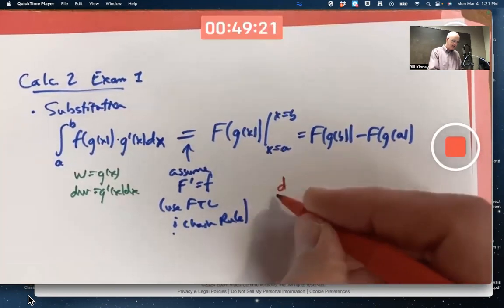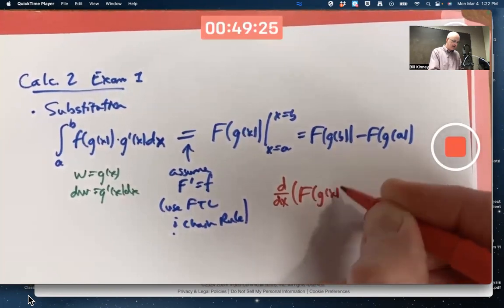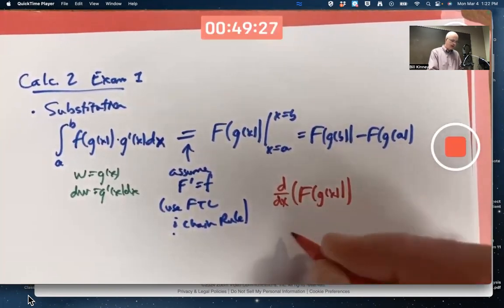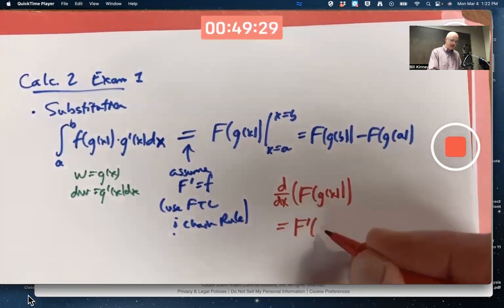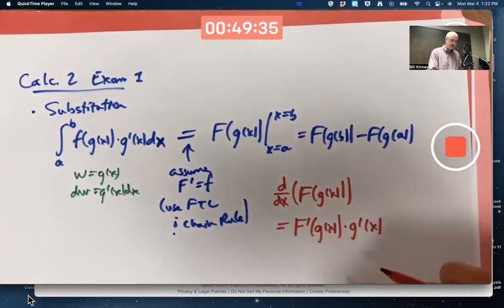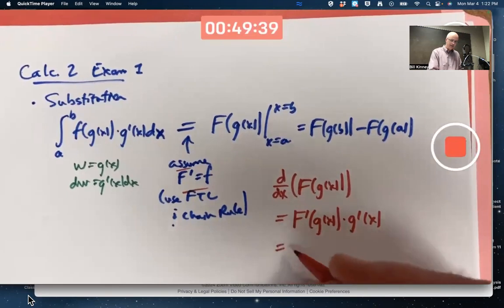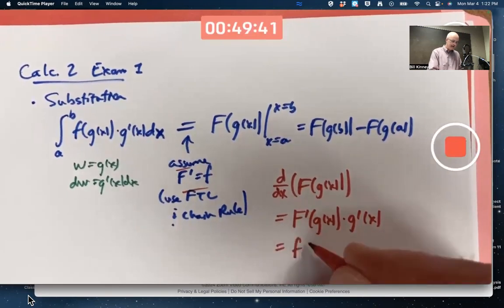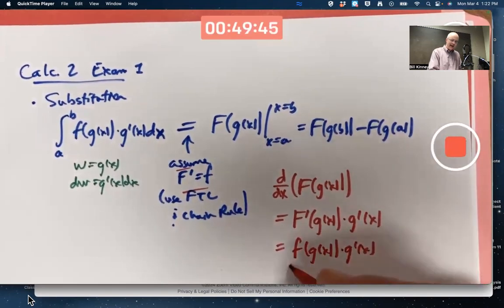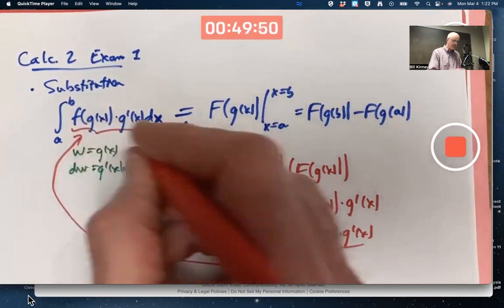Because the derivative with respect to x of capital F of g of x would be, by the chain rule, the derivative of the outside function, plug in the inside function, multiply times the derivative of the inside function. But I'm assuming the derivative of the outside function, capital F prime, is little f. So I get the exact same function based on that assumption as what I'm trying to integrate.